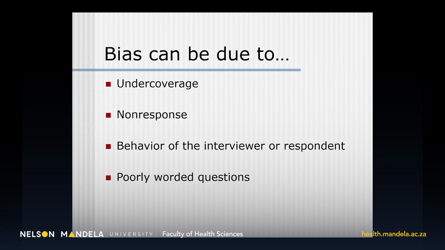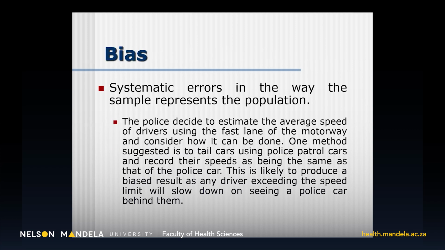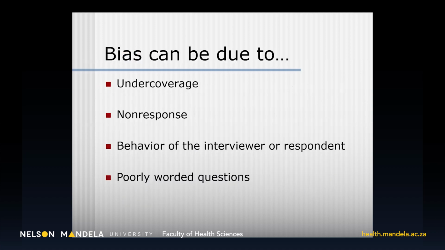Now, I want to go back to that again, just to remind you: systematic errors in the way the sample represents the population, that would be bias. And we have just outlined some of the reasons for that bias. Under coverage, your sample is not representative of your population, or the sample that you have is not the appropriate sample.